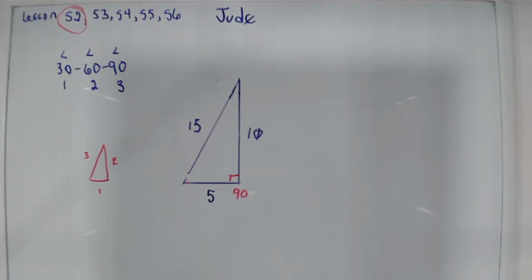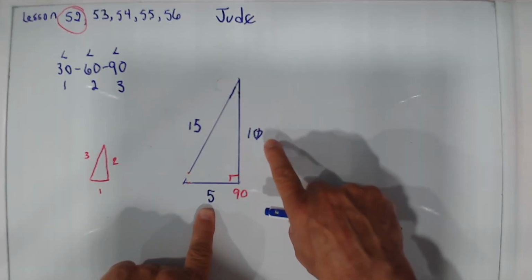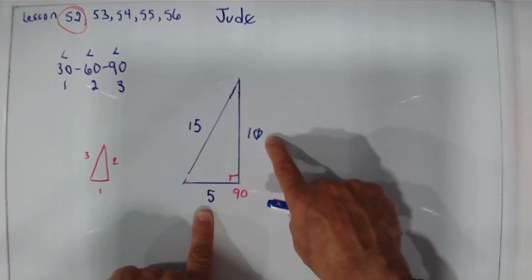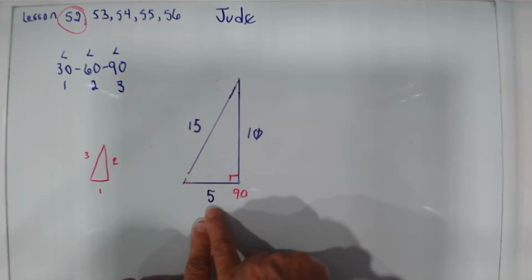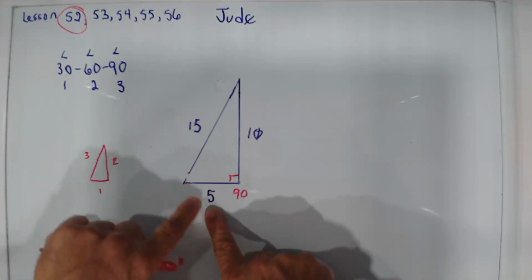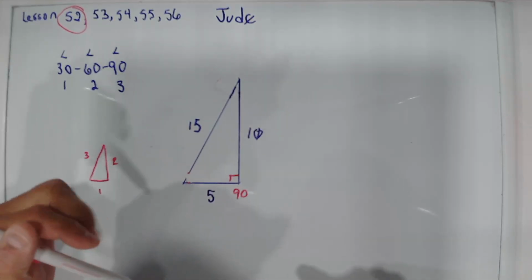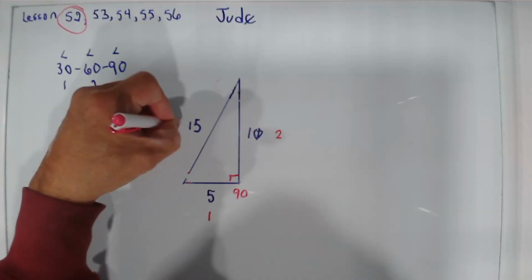Well, let's see what the ratios are. If this is 1, this is twice as big as the 5, so the ratio is 1 to 2, and 1 to 3, because 15 is 3 times as big as the 5. So this has a ratio 1 to 2 to 3.